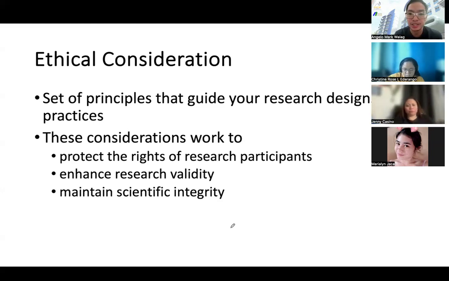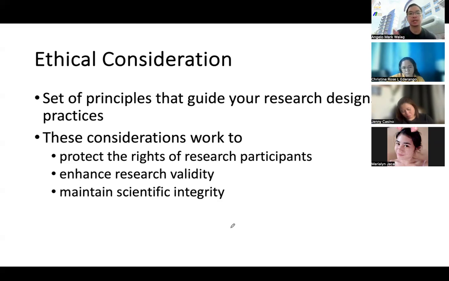If your research is unethical, then your research is unsound. Okay? If your research is unethical, then it is not a valid research. Mugina inyong i-remember. That is why we have to set principles that will help you guide your research.